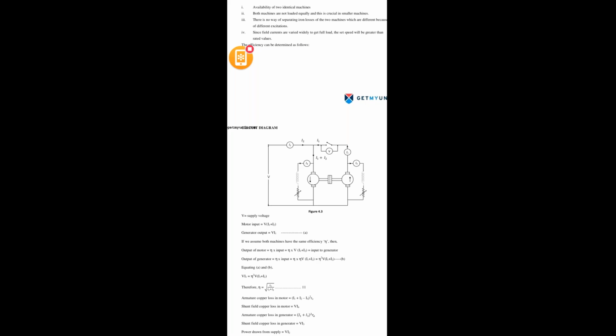When both our parameters are same, then efficiency is also same. So now we are assuming that both machines have the same efficiency. Then what is the efficiency formula here?